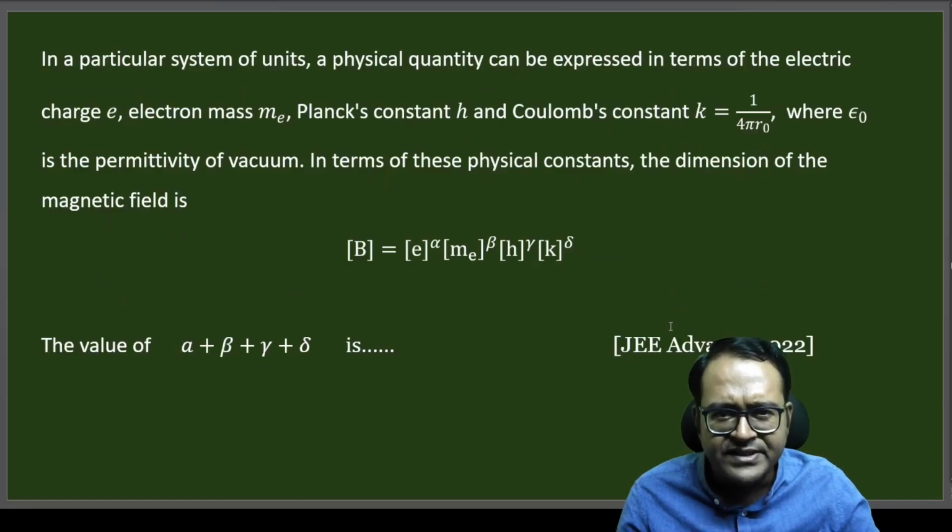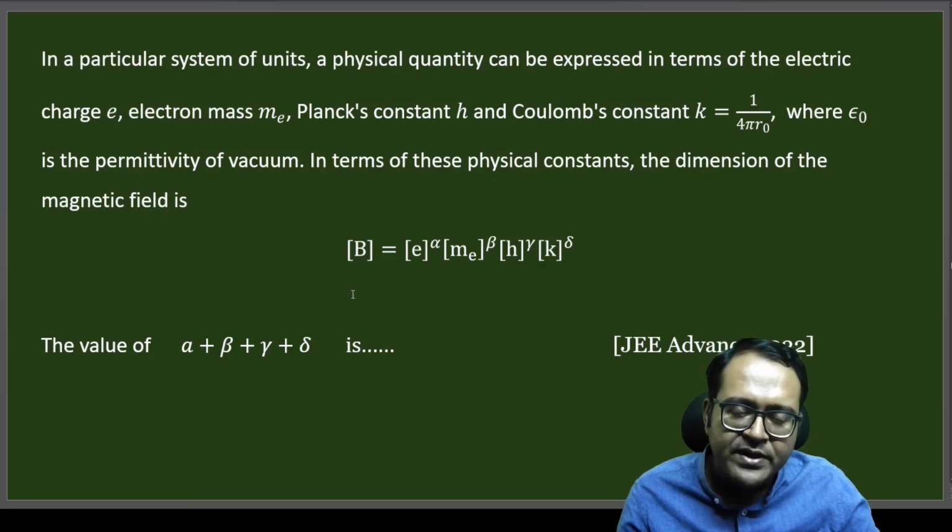This is also a very simple problem. A physical quantity can be expressed in terms of electric charge, electron mass, Planck's constant, and Coulomb constant. So with respect to these four quantities, calculate the dimension of magnetic field.